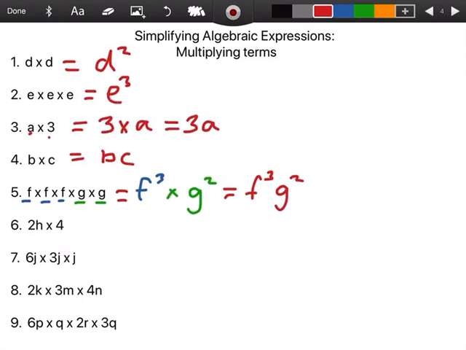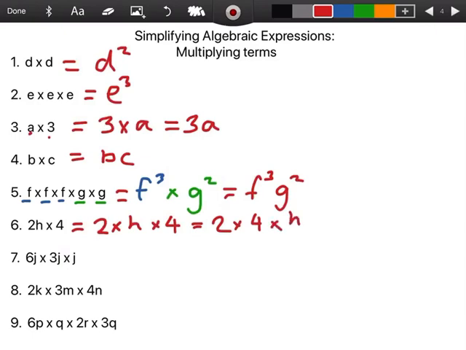On the next one, we've got 2h times 4. So I'm going to write 2h in its longer form of 2 times h, and that needs to be multiplied by 4. When it's times, the order that you multiply doesn't matter, so I can rewrite that as 2 times 4 times h.